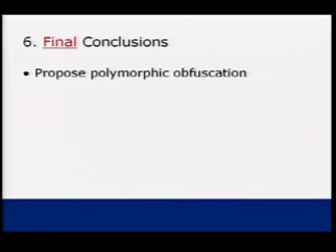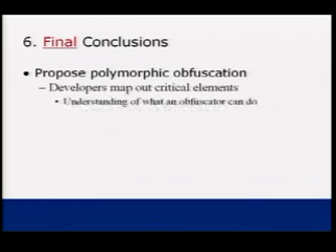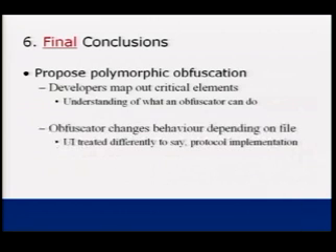It's not just a fancy term, it's you need to engage the development team if you want your code not to be easily reverse engineered and have a heavier hurdle of obfuscation, and map out the critical elements. And then you understand what an obfuscator does and use different elements of the application will be obfuscated in a different way because you'll be feeding different algorithms to it. That's where polymorphic comes in as a notion.